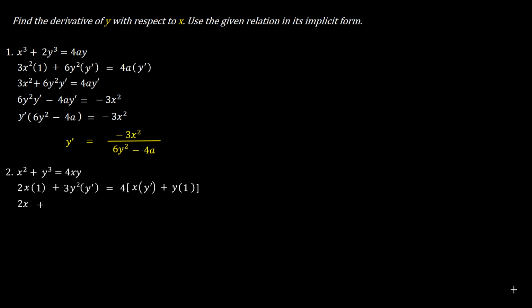Simplify: 2x plus 3y squared y prime is equal to 4x y prime plus 4y.